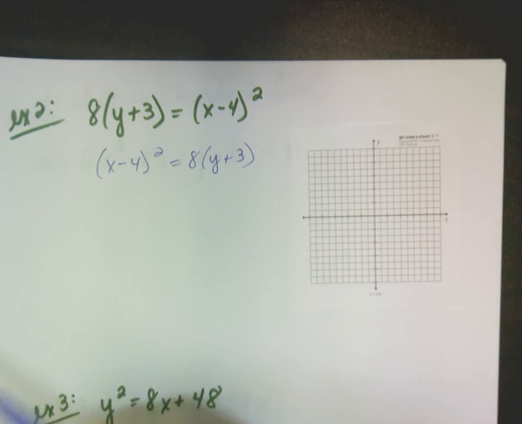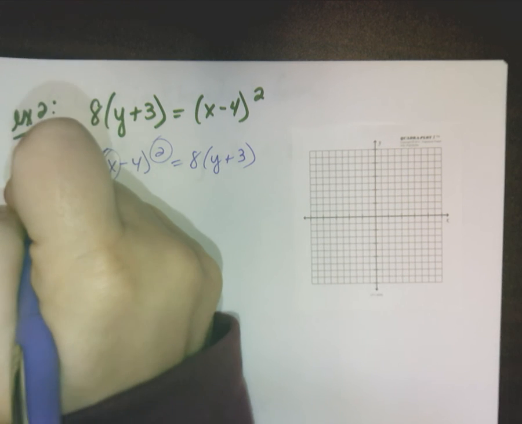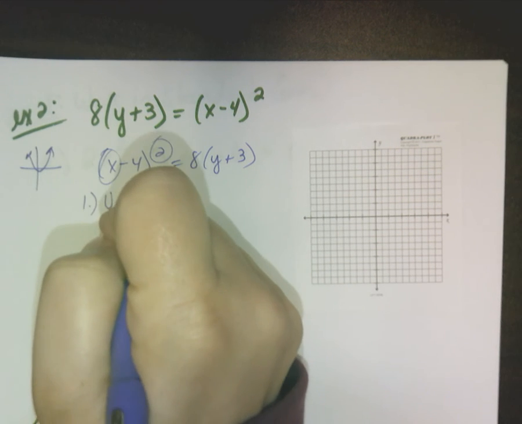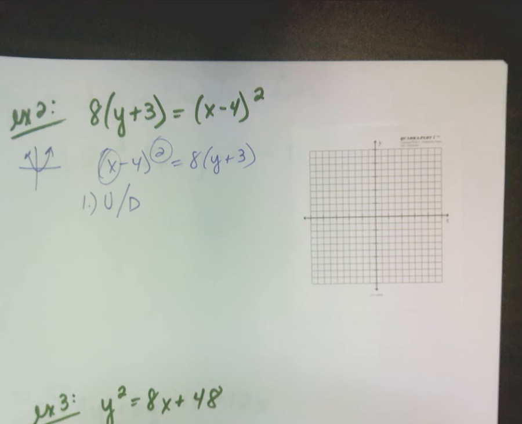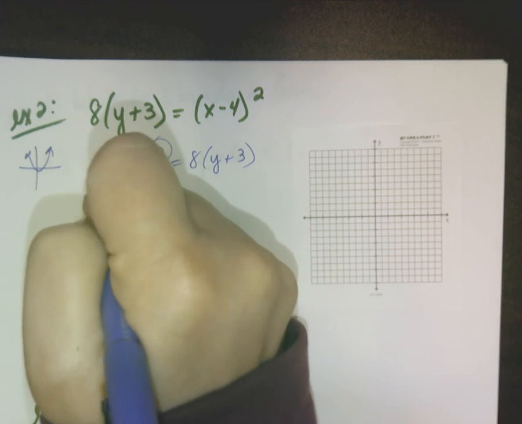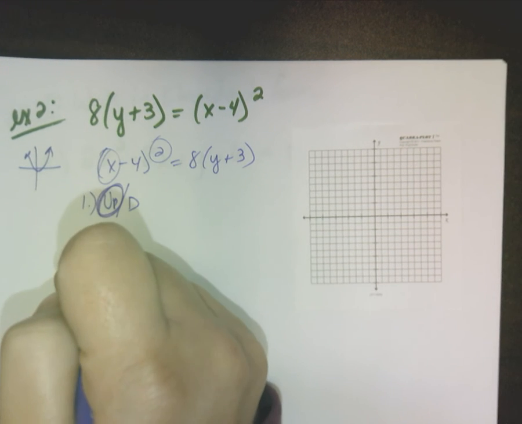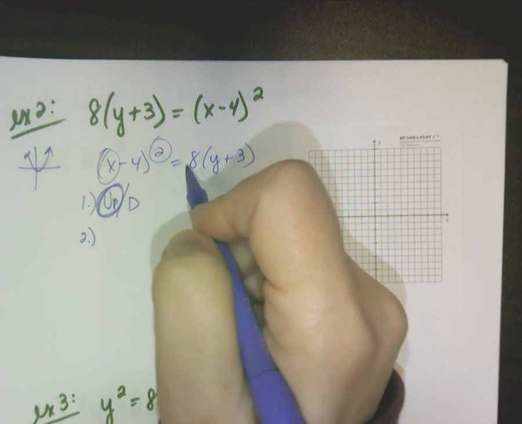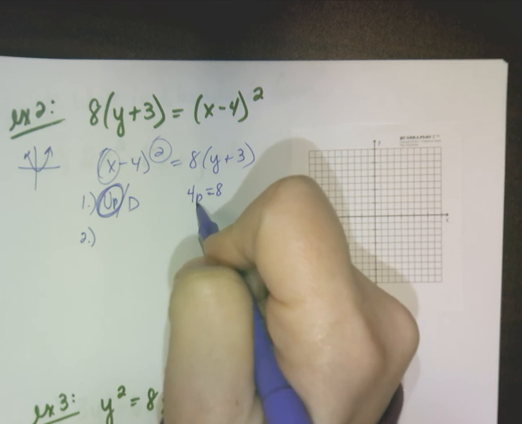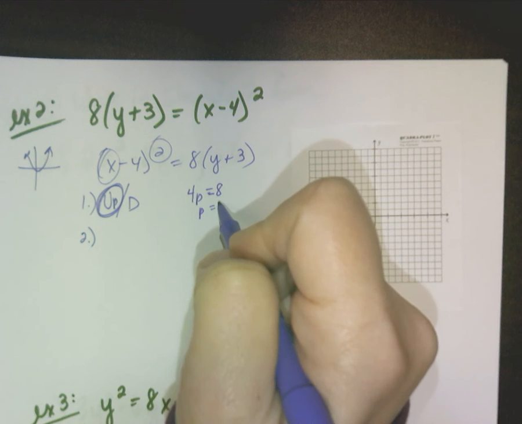Okay, so x is being squared, so it's an up-down. Is it up or is it down? That number is positive, so it's up. While we're here with this number, set that number equal to 4p. So divide by 4, and p would be 2.